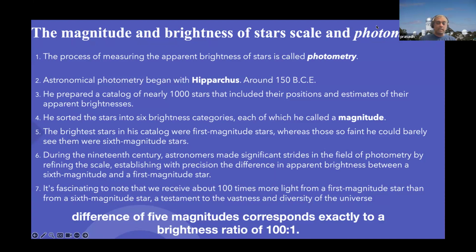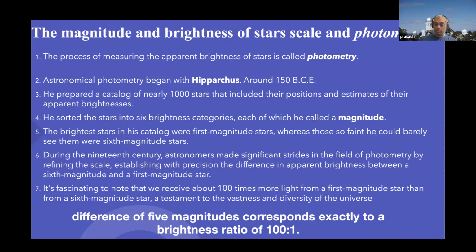Later, astronomers developed this a little bit more, and they understood that the difference of 5 magnitudes that he had, because I told you that he gave number 1 to the brightest stars and number 6 to the faintest stars, so the difference is 5, accounts for a brightness ratio of 100.